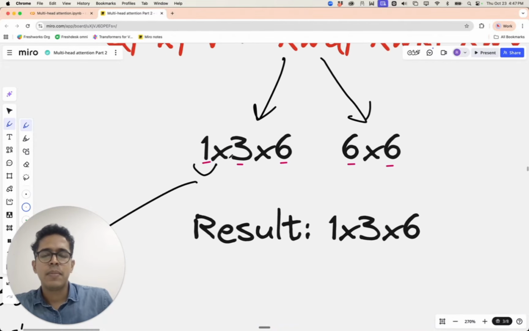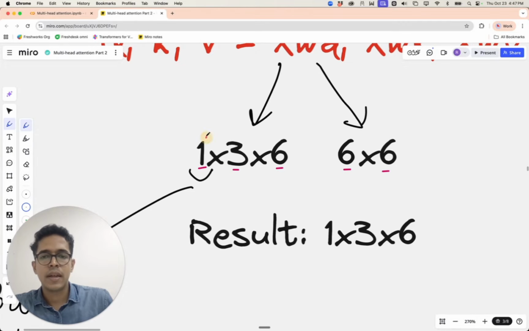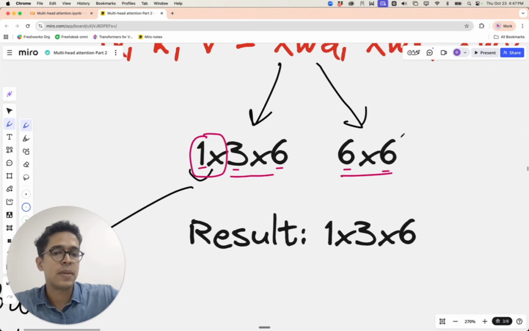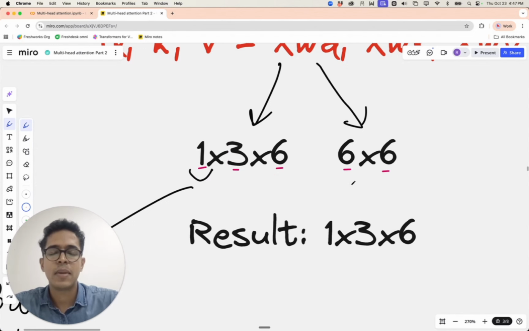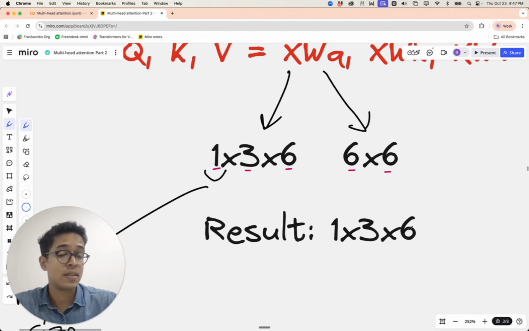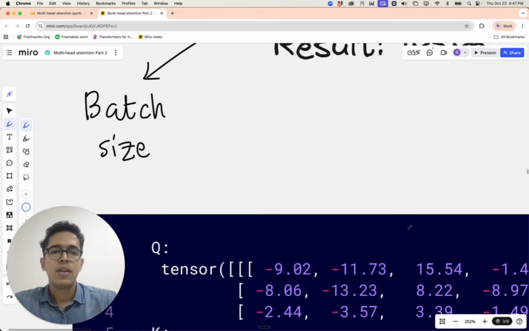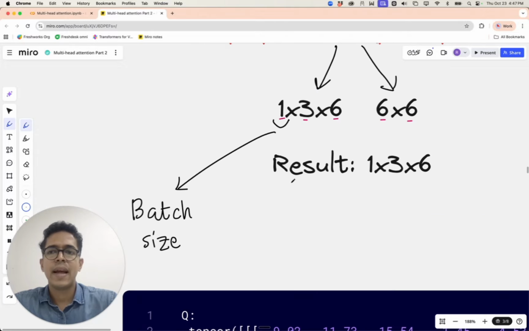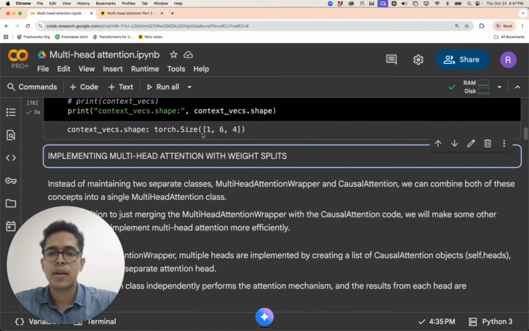Because if these were just two matrices, ignoring the batch dimension, you would be multiplying a 3 by 6 matrix with a 6 by 6 matrix to result in a 3 by 6 matrix. You just have an extra batch dimension for your input. So 1 by 3 by 6 multiplied by 6 by 6 will result in 1 by 3 by 6. So we can actually implement this. I have written code over here.